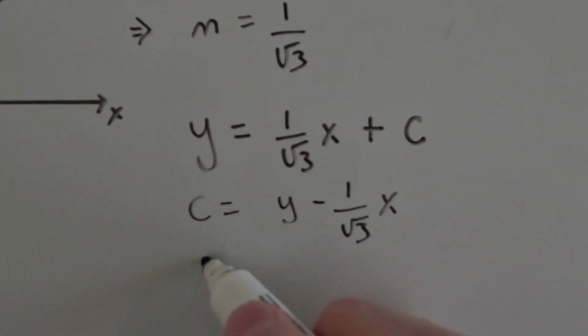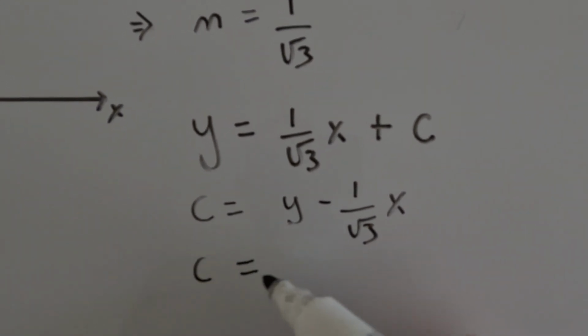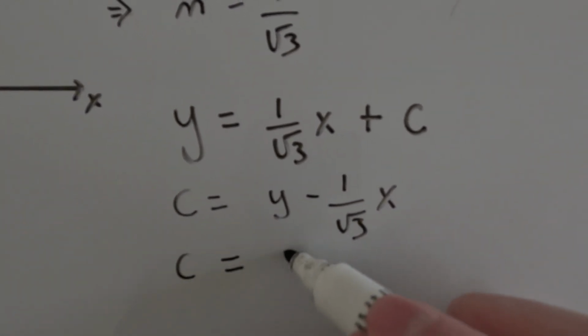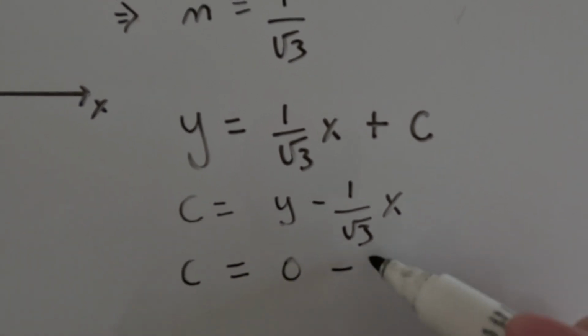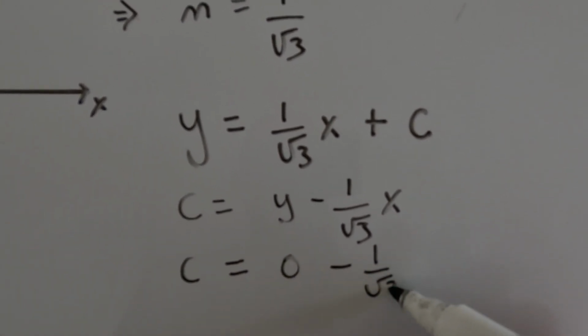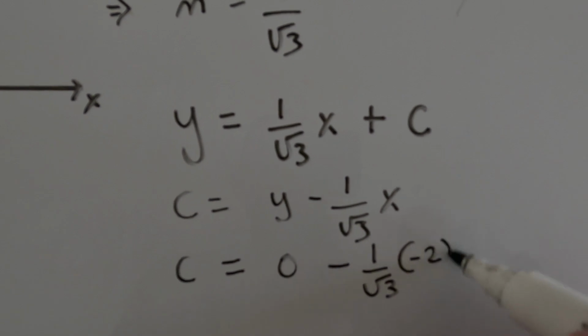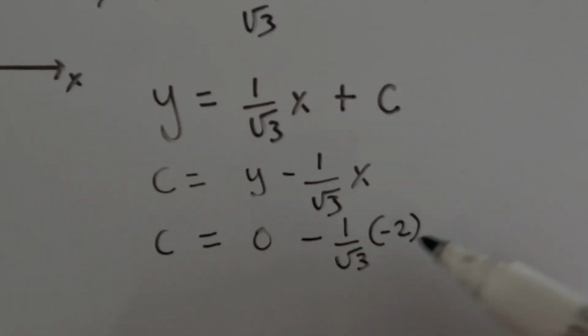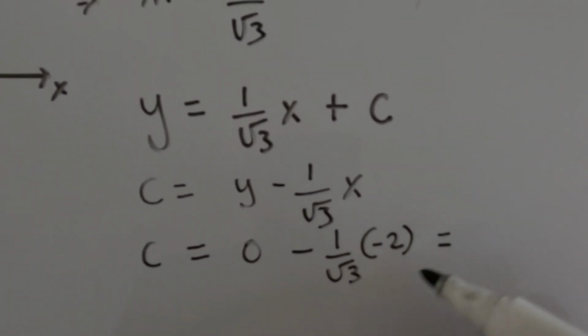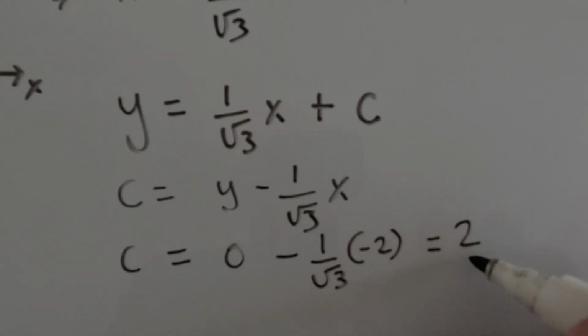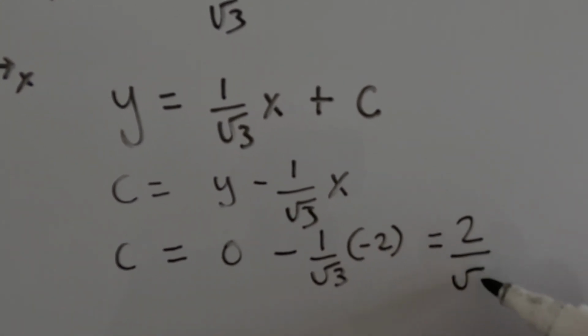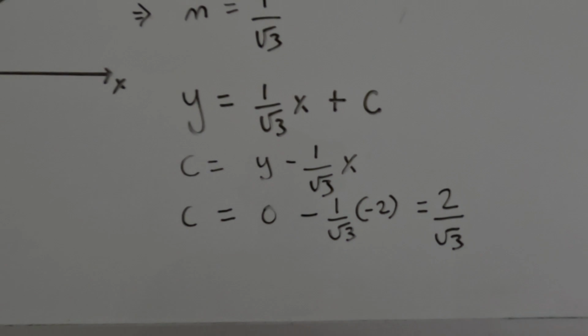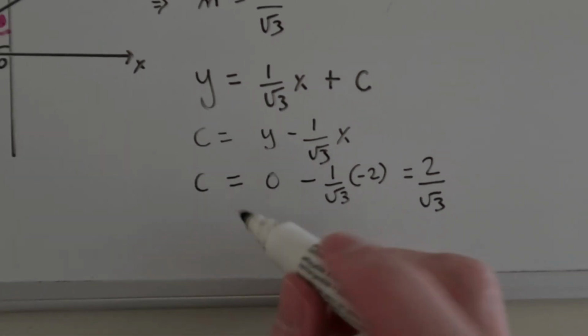And then if we evaluate that at minus 2, 0, we get c is equal to 0 minus 1 over root 3 times minus 2. So what's that? That's 2 over root 3. Okay, so that's c. So now we can write the final answer.